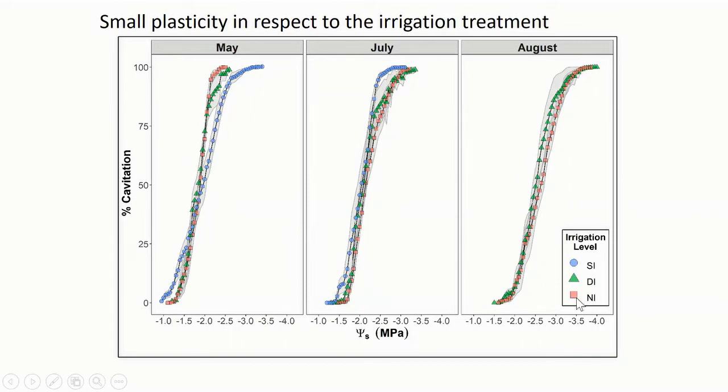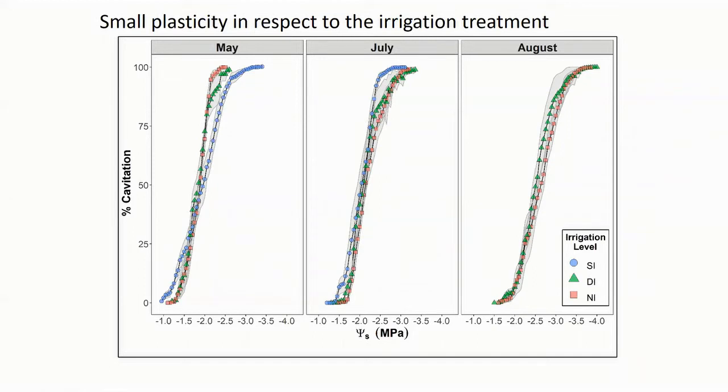Also in August, the non-irrigated treatment is slightly more resistant to cavitation. But the truth is the differences were very small, less than 2 megapascals, and not significant in most cases. So we see a very substantial seasonal plasticity and very limited plasticity in response to the irrigation treatment.